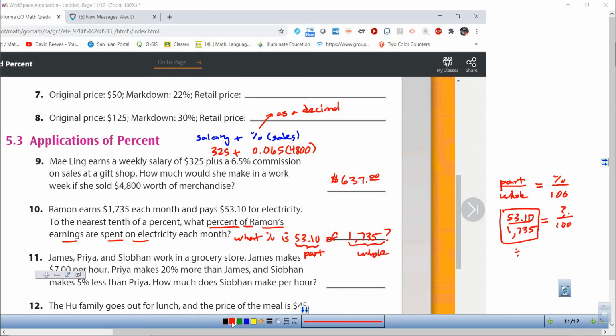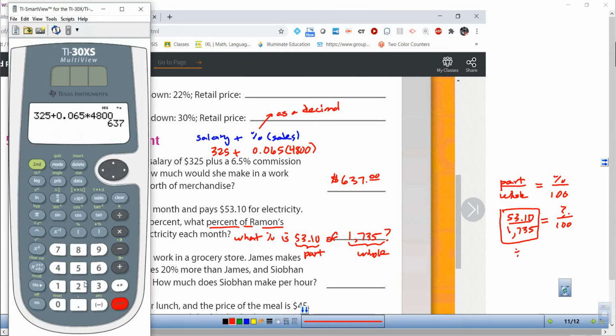So here's a case where the easiest and most efficient thing to do is I'm just going to take 53.10, that's how much he's paying in electricity. I'm going to divide it. The part divided by the whole is going to give me the decimal. And when I do that, I get this. Now, it says to the nearest tenth, and I'm going to have to go 2 decimal places for that and then 1 more.